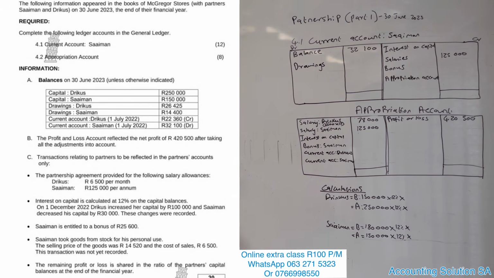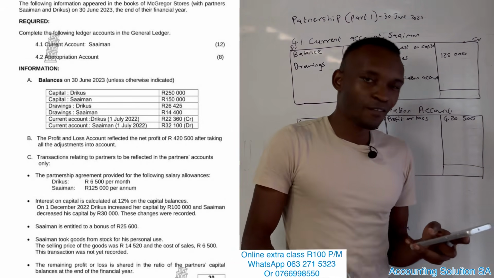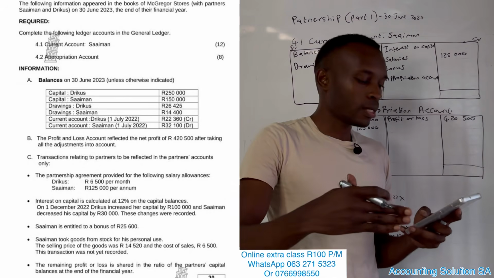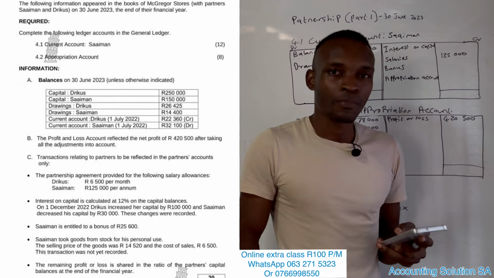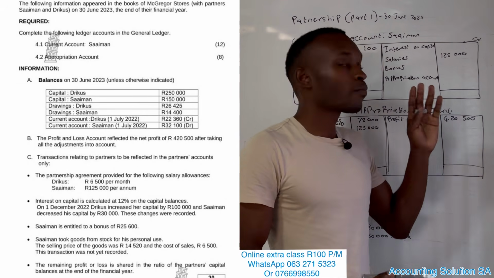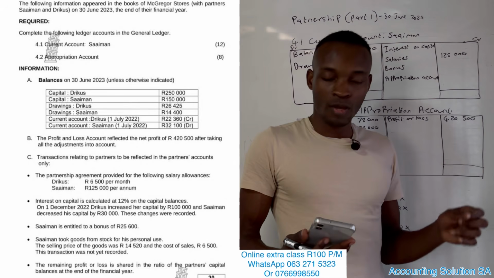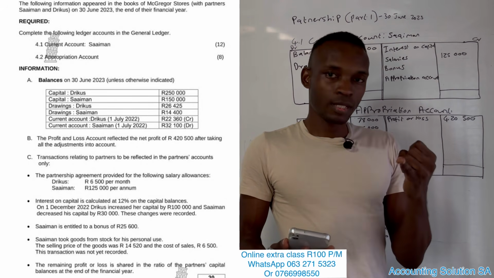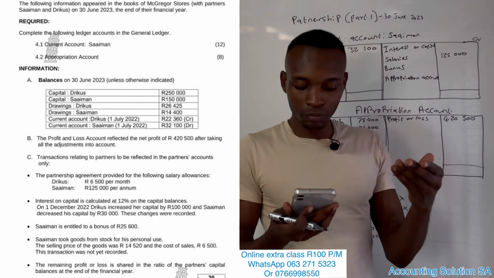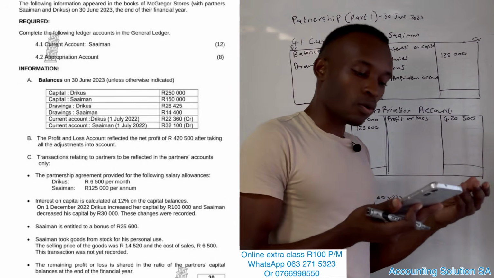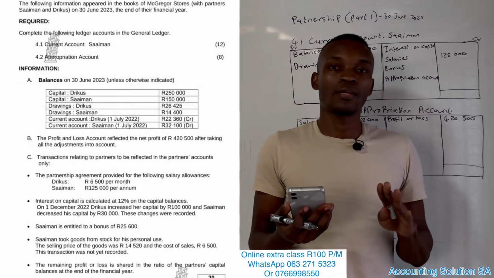So now we are going to count months before so that we can get the answer correctly. Remember, this happened on 1 December, which means that from December until June, our year end, it is after. Before is starting from the beginning of the year. Our year started on 1 July 2022, not March.